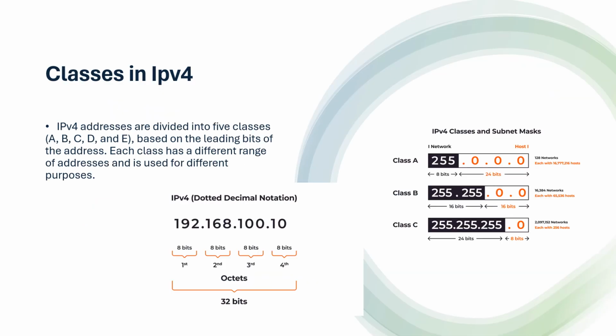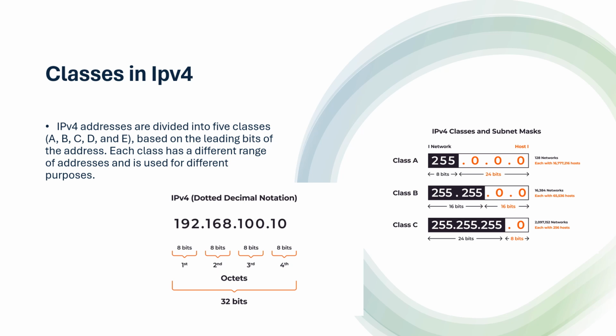Now we will learn about classes in IPv4. What are classes and why are they needed? IANA provides a network address to a router, which can be 8 bits, 16 bits, even 24 bits.